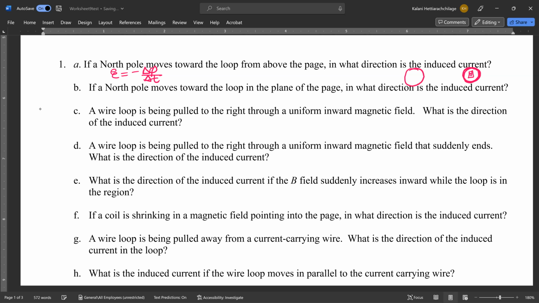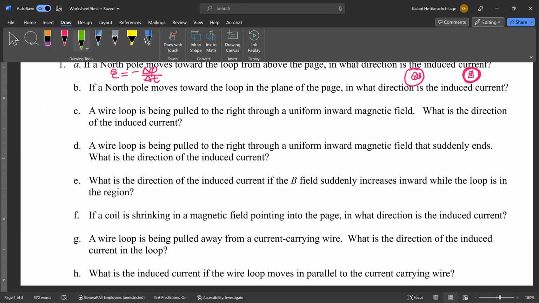What it creates is magnetic field lines going inward by bringing the north pole. So basically you increase the magnetic flux towards the screen, but the negative sign says the induced current will create a field in the opposite direction. You try to decrease the flux by creating current in the opposite direction.